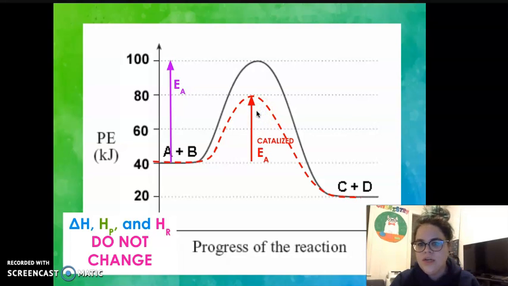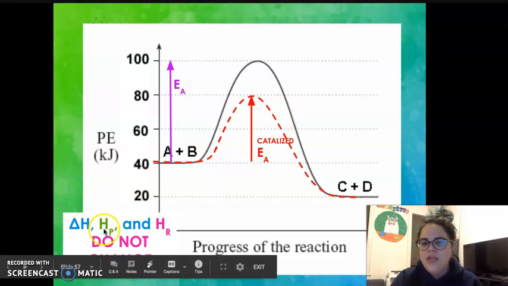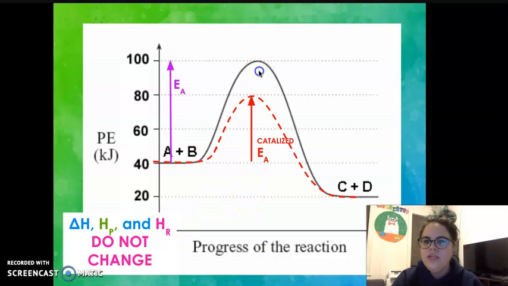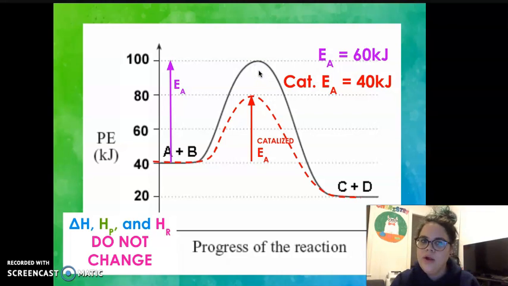So I've labeled it here as catalyzed activation energy. It's basically what's happening. But notice delta H, HP, and HR have not changed. The only thing that changes is the beginning of that hill. So our initial activation energy was 80 kilojoules. With this catalyst, it's only going to require 40 kilojoules to start.